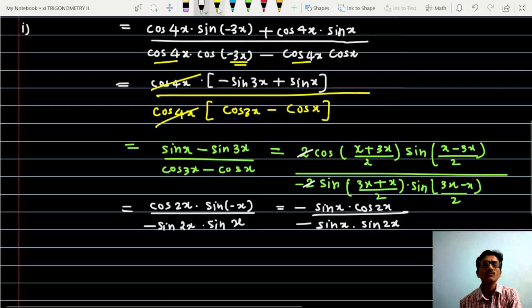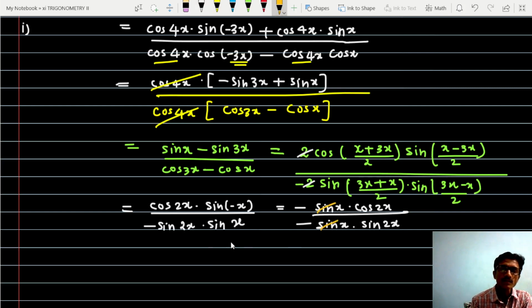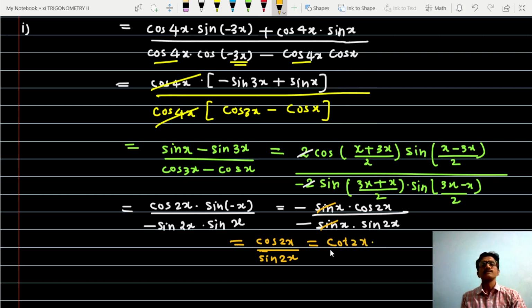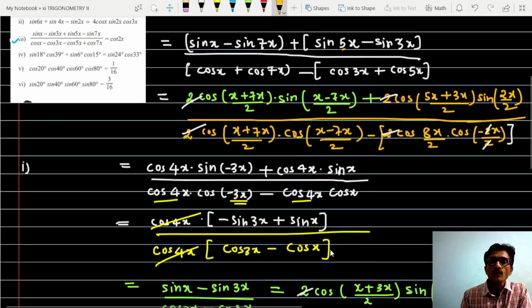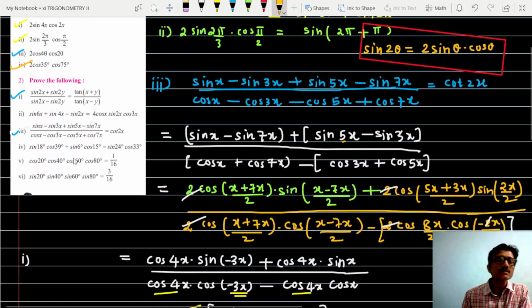Now let's cancel this sin or a negative sign. So what is left over there? Cos 2x upon sin 2x, which is equal to cot of 2x, RHS.